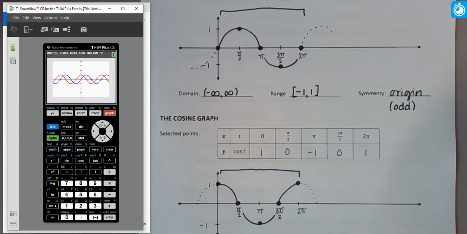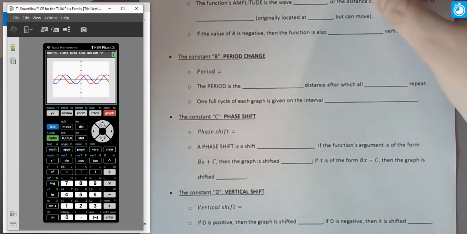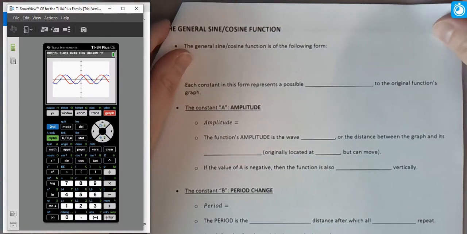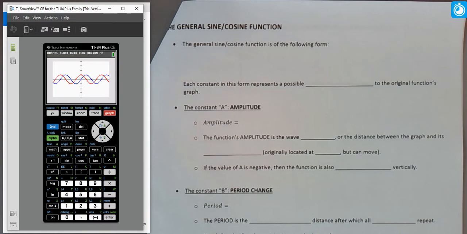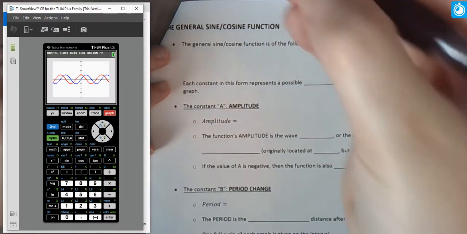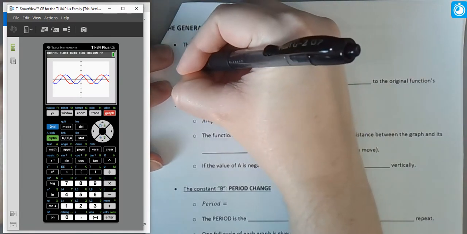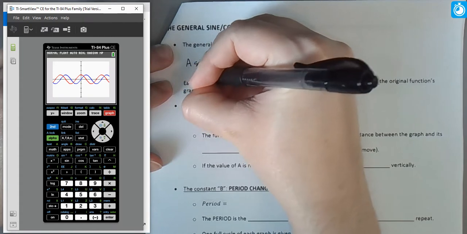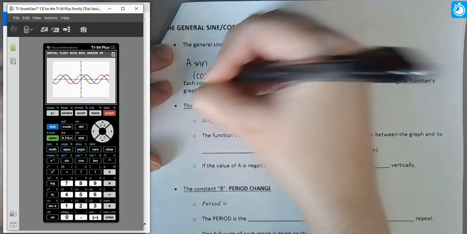Okay, so now let's talk about the general functions. What happens when we have other constants within our sine or cosine function? How do we interpret each of those? So our general sine or cosine function is going to be of the following form. I'm going to put in every possible constant we could have, essentially. Keep in mind, sine could also be cosine, same thing.